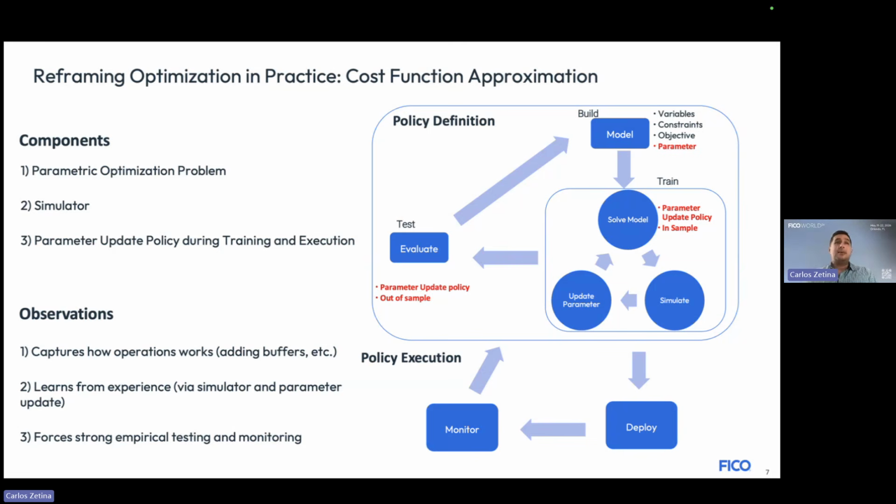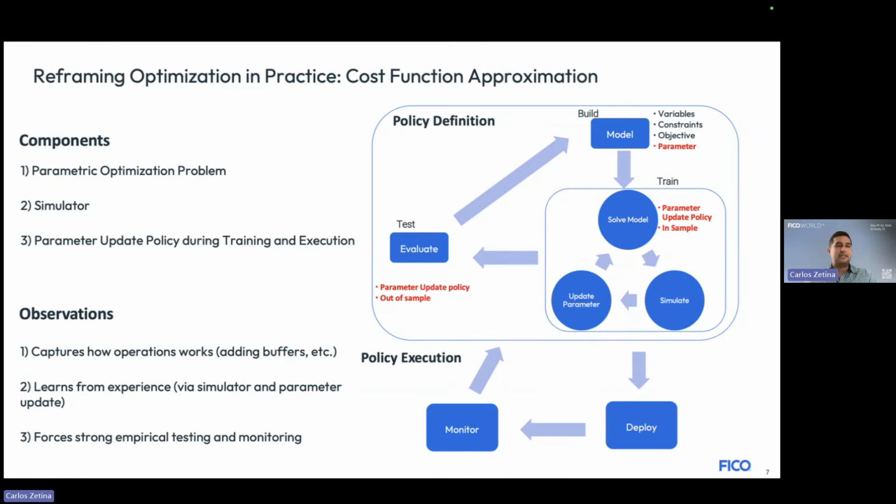And so sometimes they would add buffers just because they know machine A sometimes fails, or they know that a particular weekend there is an event coming up, or they found out that there was a viral event on social media, and so they will manually update the demand forecast.